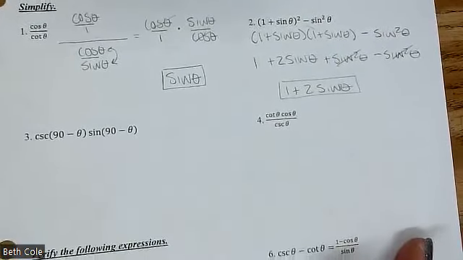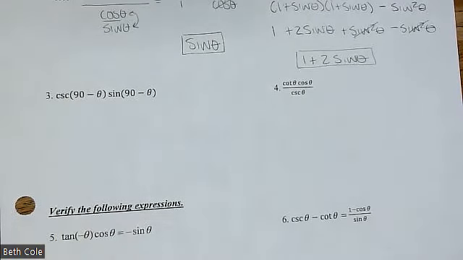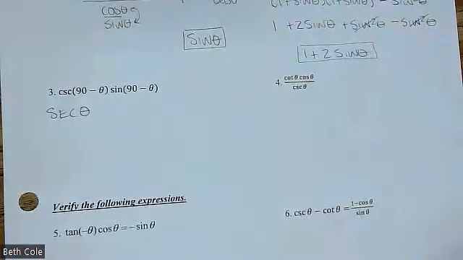Yeah. Perfect. All right. When you see these ones with 90 minus, those are co-function. And this is like why I've been harping on about saying these correctly. You're just going to add or remove a co. So since this one's cosecant, if you remove the co, it is just secant. Perfect.